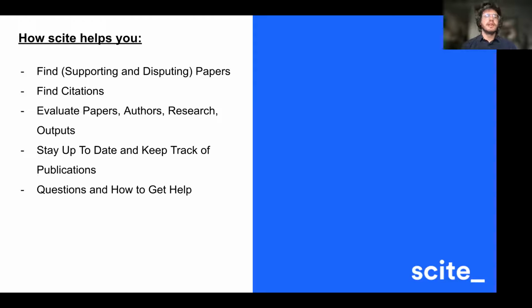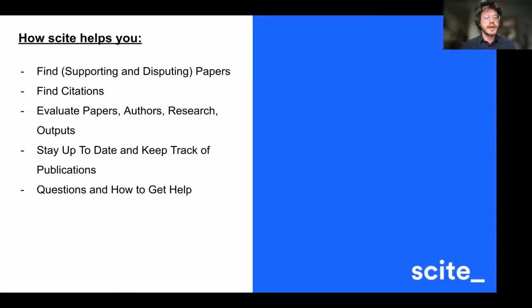Then we're going to talk a little more on the evaluation of research output side, which might be of interest to librarians or research administrators or people doing grant and funding work, where we have some mechanisms for evaluating papers, authors, or research outputs, for say a research asset you're working on in the drug space.